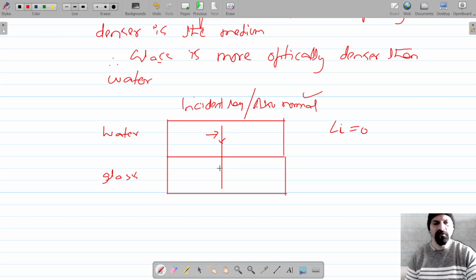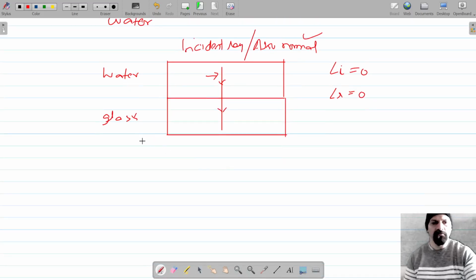So angle of incidence is 0. So that means the angle of refraction will also be 0. So that means the light ray will enter undeviated. So light will enter from water to glass without bending.